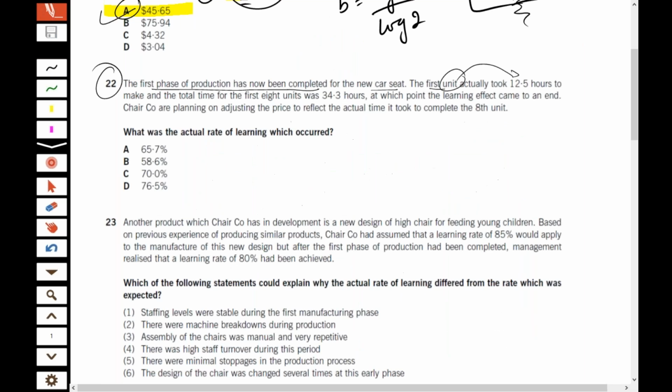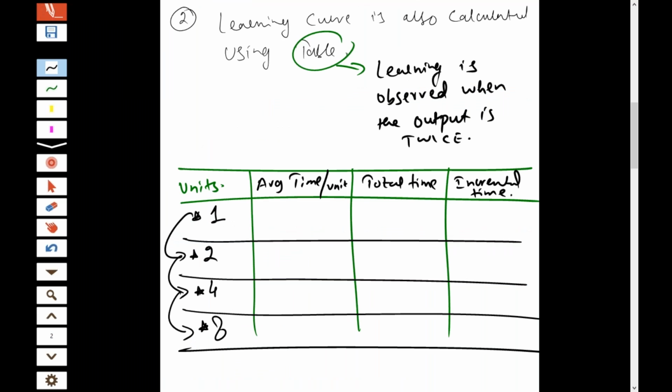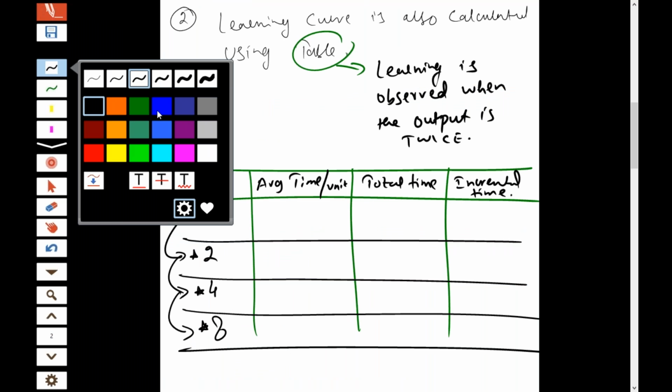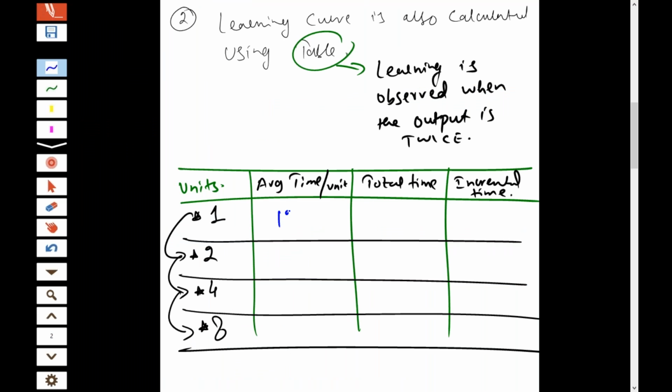Now, what was the requirement? What was the actual learning rate which occurred? The first unit actually took 12.5 hours. I'm simply writing here 12.5 hours.